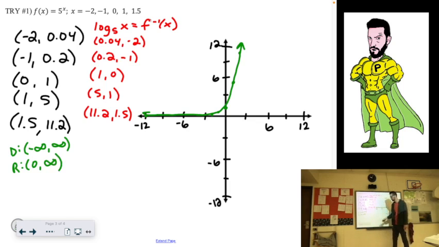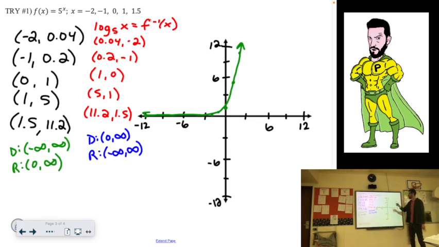Those are just going to flip on our inverse here, so I'll go ahead and do that now. The inverse domain would be 0 to infinity. The range would be all real numbers. And then we just need to graph the new coordinates. 0.04, negative 2, up there. We got 0.2, negative 1, there-ish.